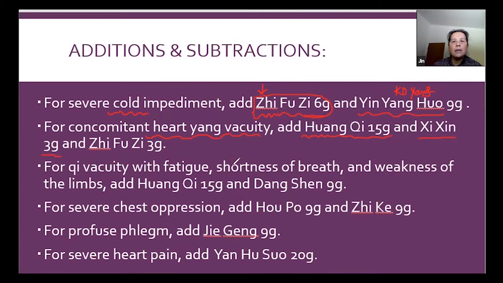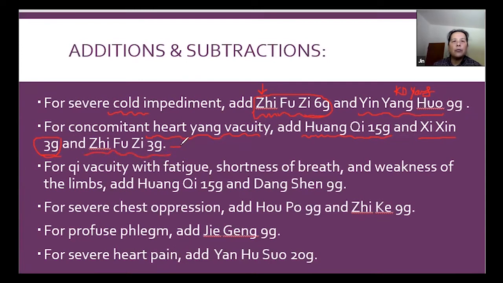But pay attention, for 细辛 we cannot overdose. 细辛 is a toxic herb. So generally we use about 3 to 5 grams per day. And 附子 is still a toxic herb, as we talked about already.